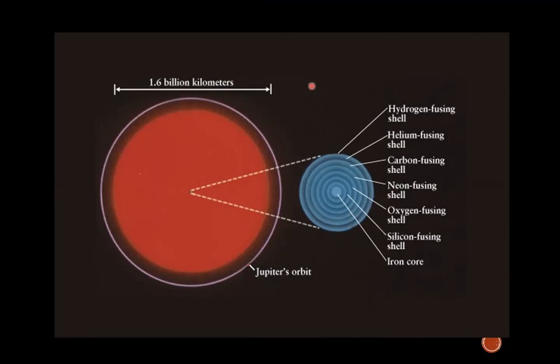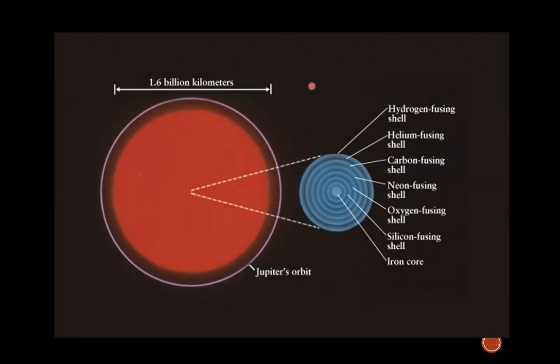In a similar way, when carbon at the central region starts to burn, it will make the next heavier element, but at the same time you will have a carbon shell outside. Like that, this will continue step by step until it makes the heaviest possible element that it can make, right? So that is what will happen.